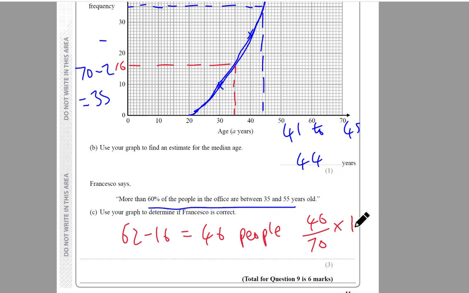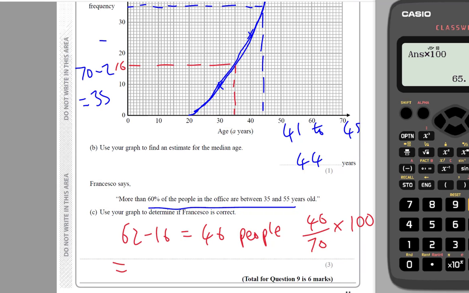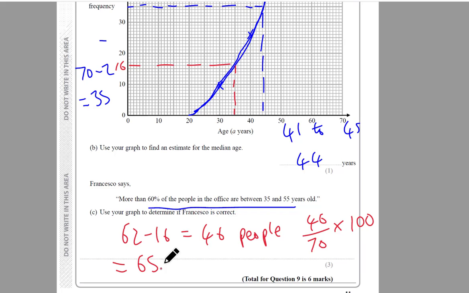Let's say times 100 equals 65.7, equals 65.7% to 1 dp, and then say, so Francesco is correct.